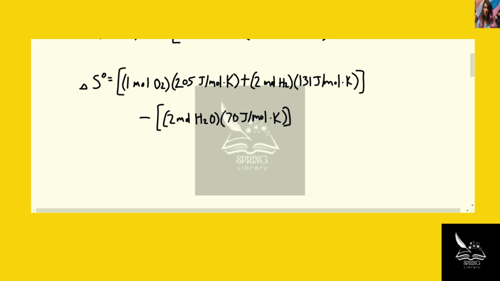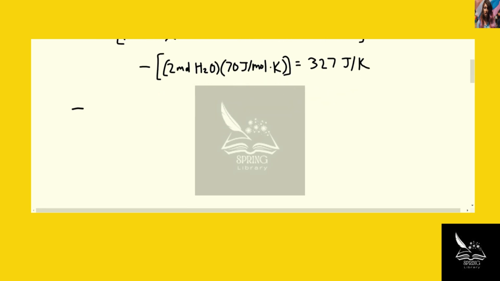And so when we calculate that all out, it comes out to 327 joules per Kelvin. So now, at a temperature of 0 degrees Celsius, we can solve for delta G and the cell potential.